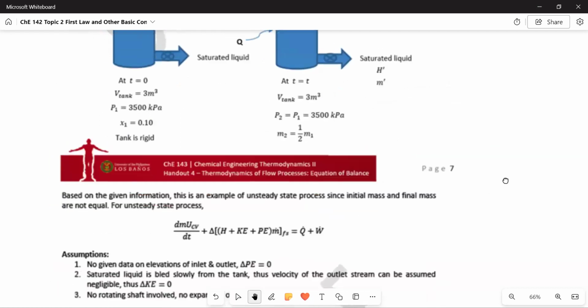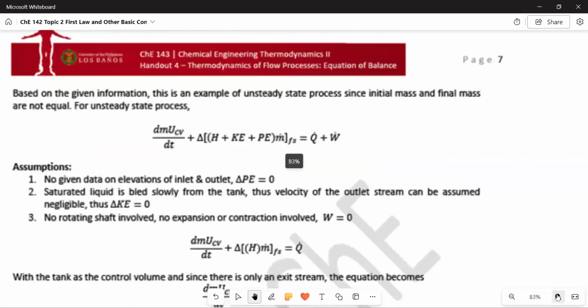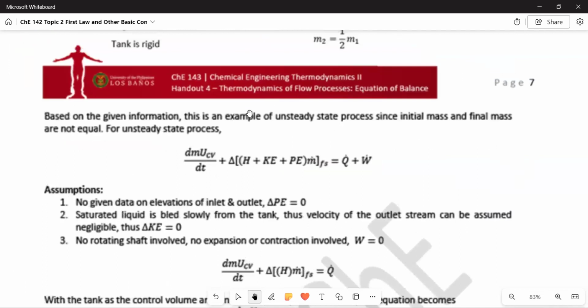Since this is not a steady state process, we begin with the general energy balance for flow systems or open systems with the accumulation term. Okay, so this is the general energy balance. We write the assumptions. There's no KE and PE for 1 and 2.